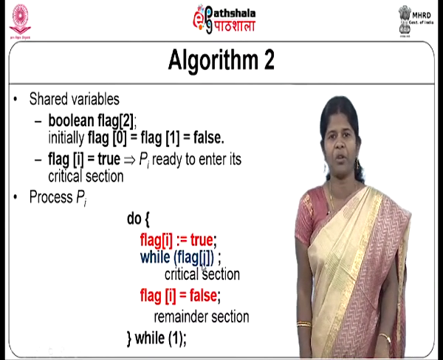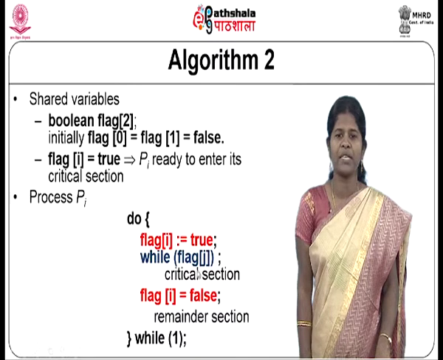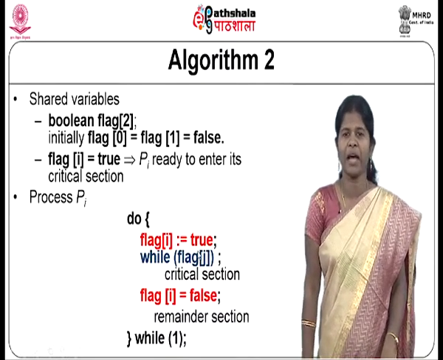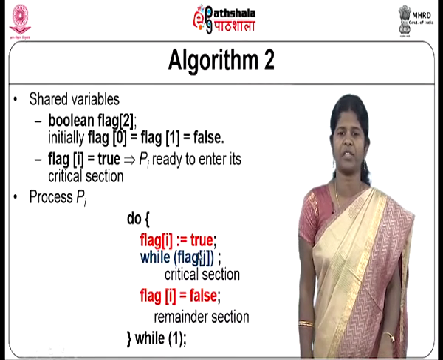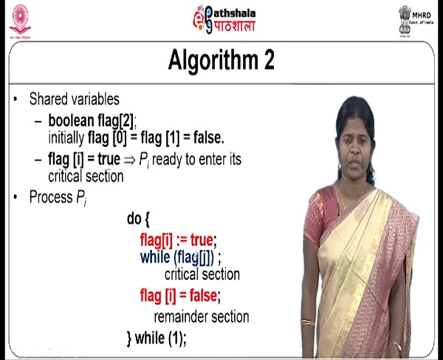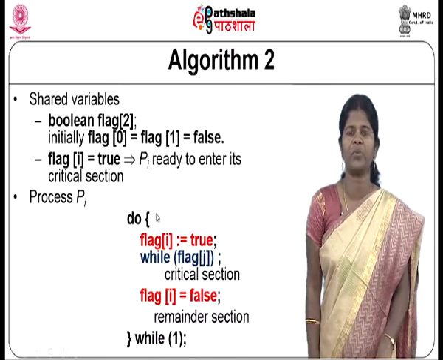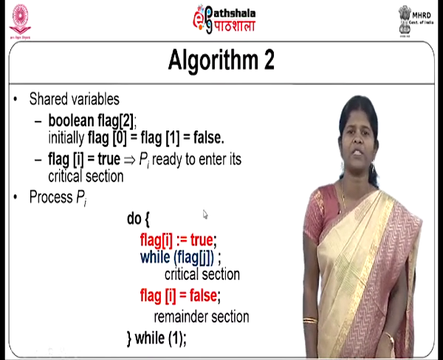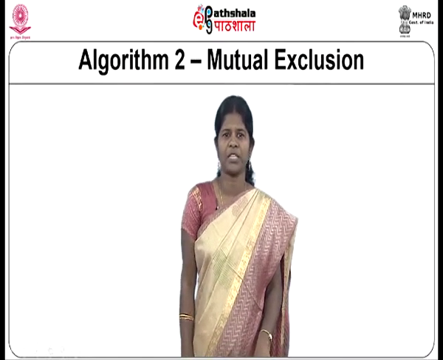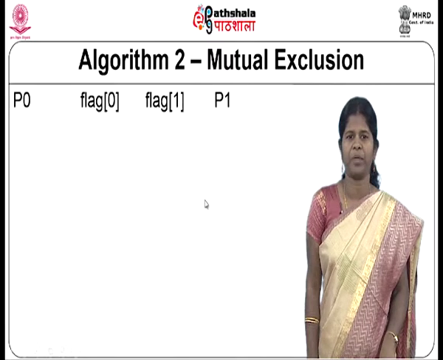It cannot come out of the while loop as long as this condition is true. So as long as the other process's flag is true, this process will keep on waiting. We will now see how this works and how this satisfies the mutual exclusion condition. Now look at this example.